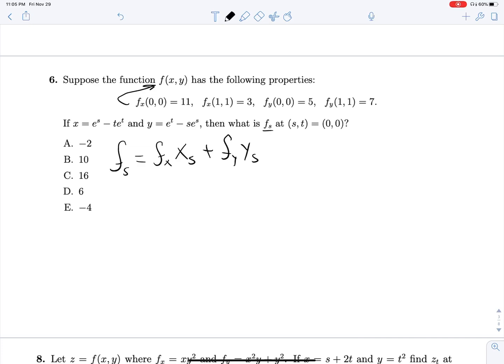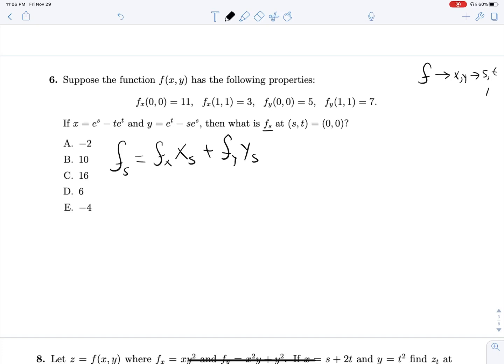You can view this as f, and then we go down a layer and we have x and y, and then we go down a layer and we have s and t. So they will give you a set that matches your third step ordered pair. But remember, this is for our second step, for x and y.